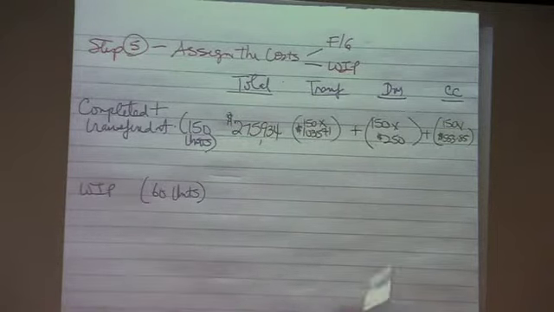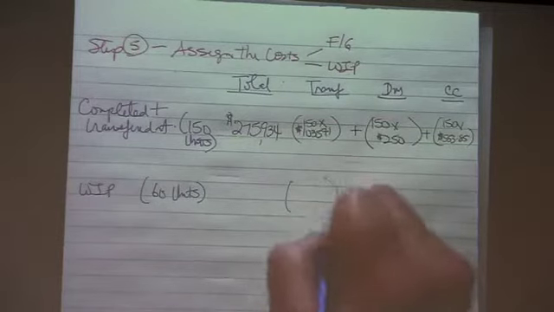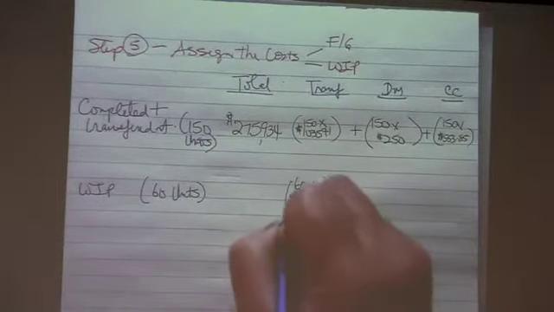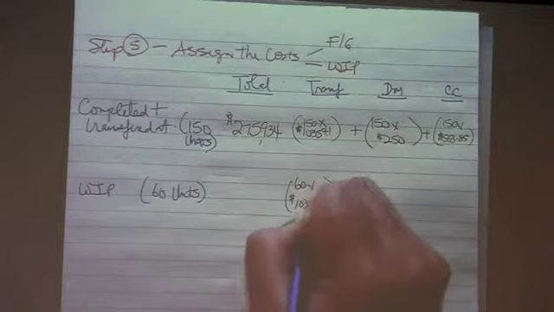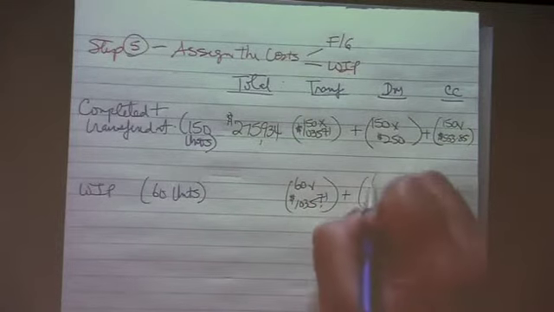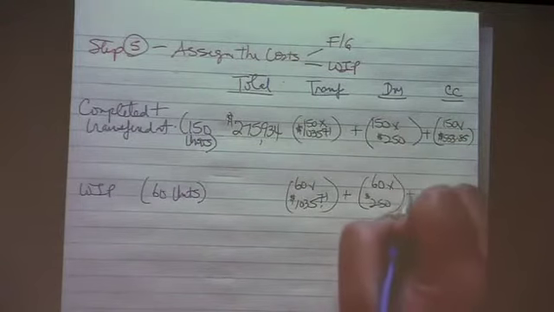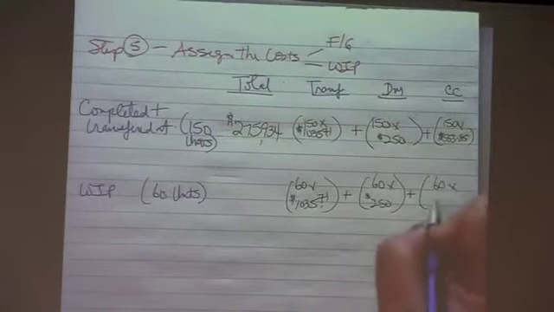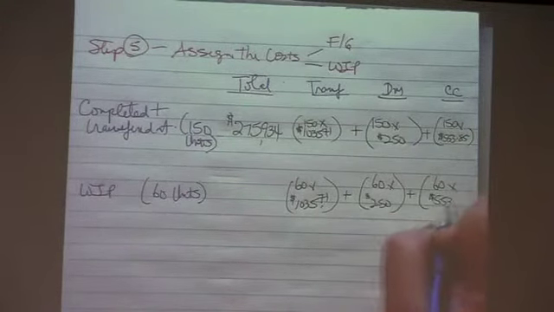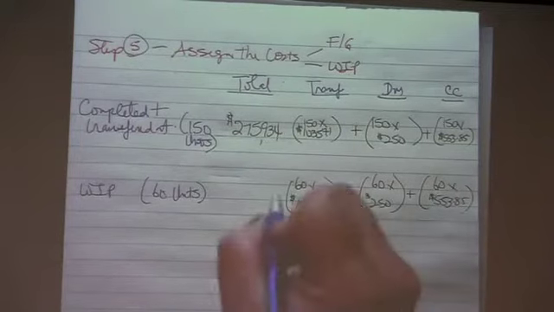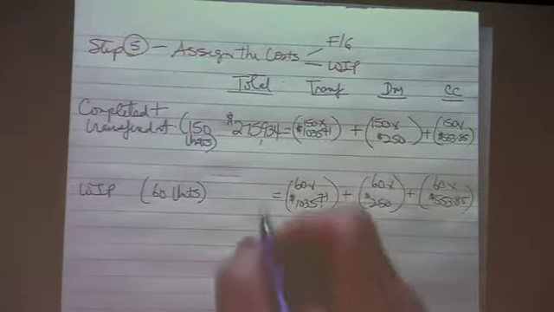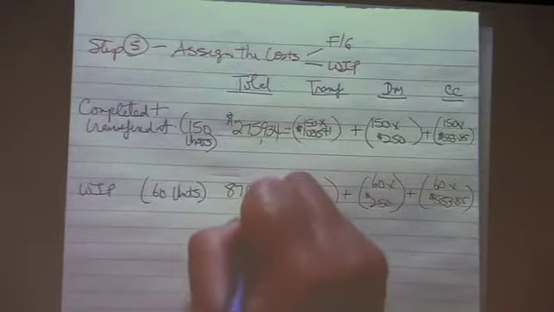For the work in progress, we're going to do exactly the same thing. We're going to take 60 units times 1035.71, plus 60 times 250, plus 60 times 553.85. That adds to 87,066.